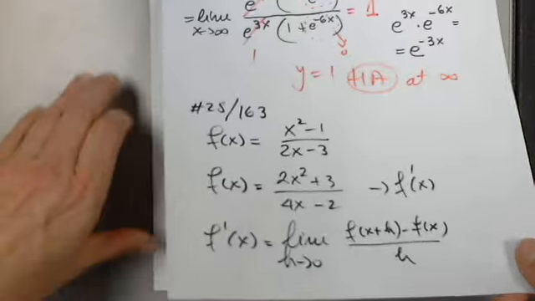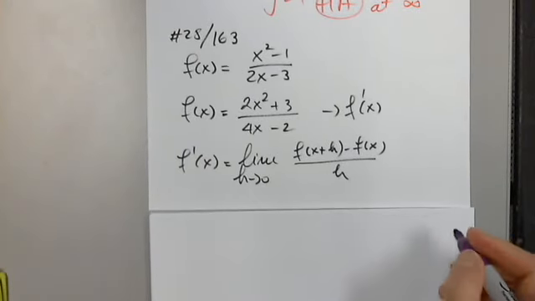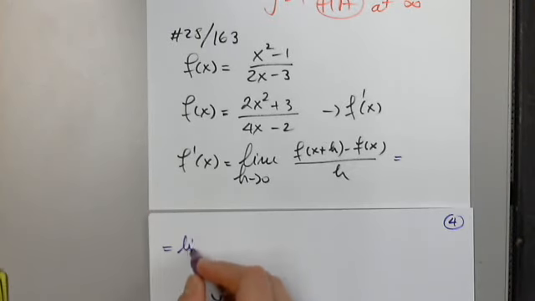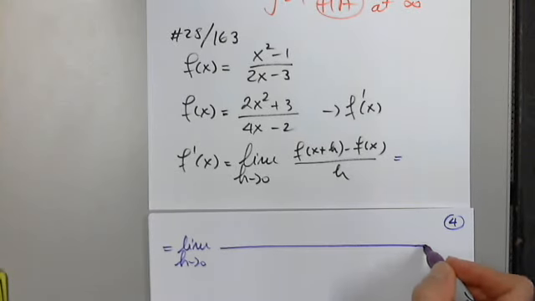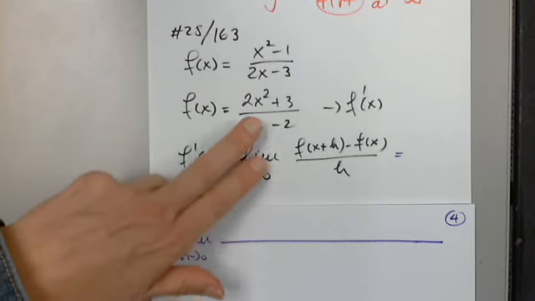Only now I will put it in. So let's put it in. So limit as h approaches 0. Please dictate. This is not an easy or trivial problem because of this x squared.